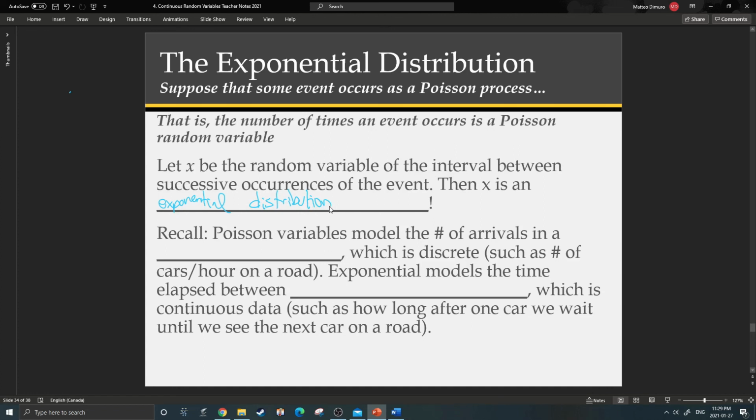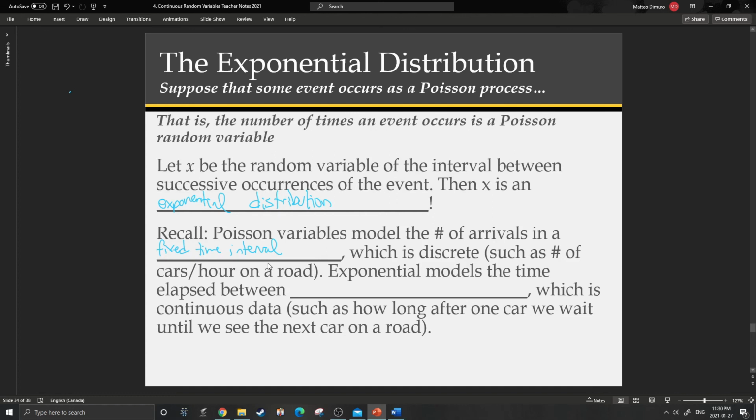Now, it is very tricky to spot the difference between this and a Poisson distribution. Remember, Poisson variables model the number of arrivals in a fixed time frame. So remember, there's a fixed time frame if it's a Poisson variable, which is discrete, such as a number of cars per hour on a road.